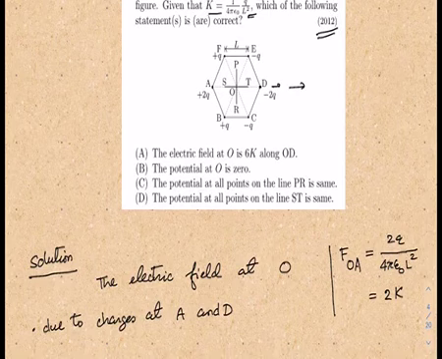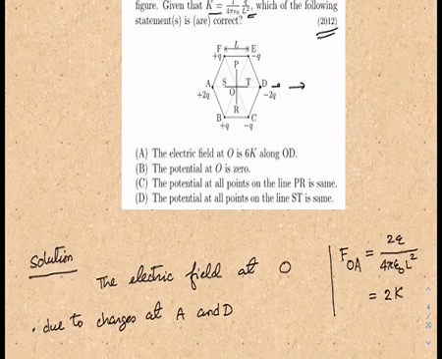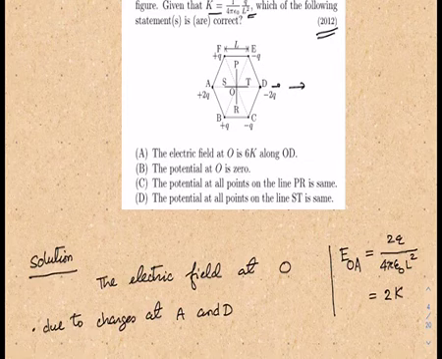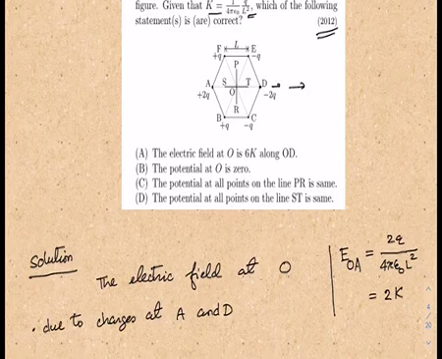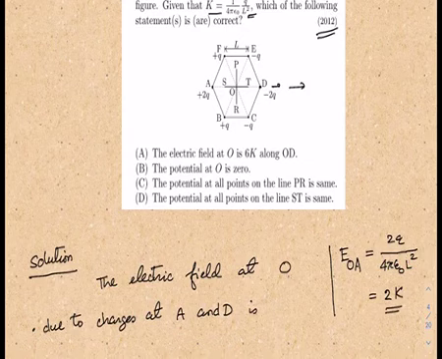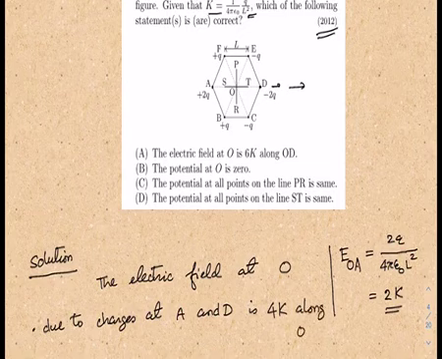So the force, I should say electric field, I'm sorry. So the electric field at O due to charges at A and D would be along the direction of OD, and that would be 4k, because they are going to add up, so that would be 4k along OD.